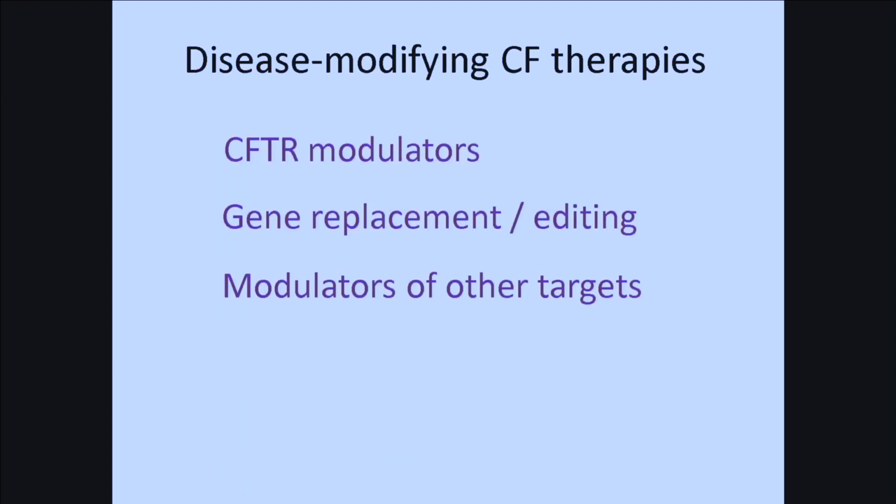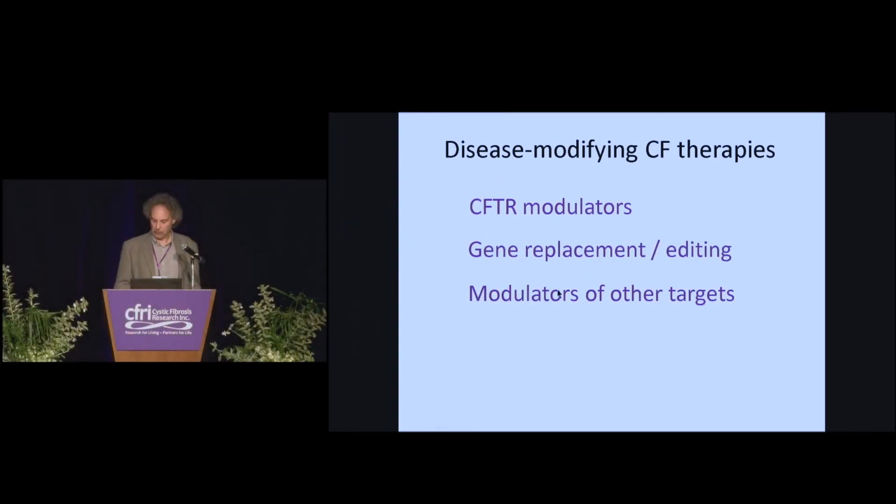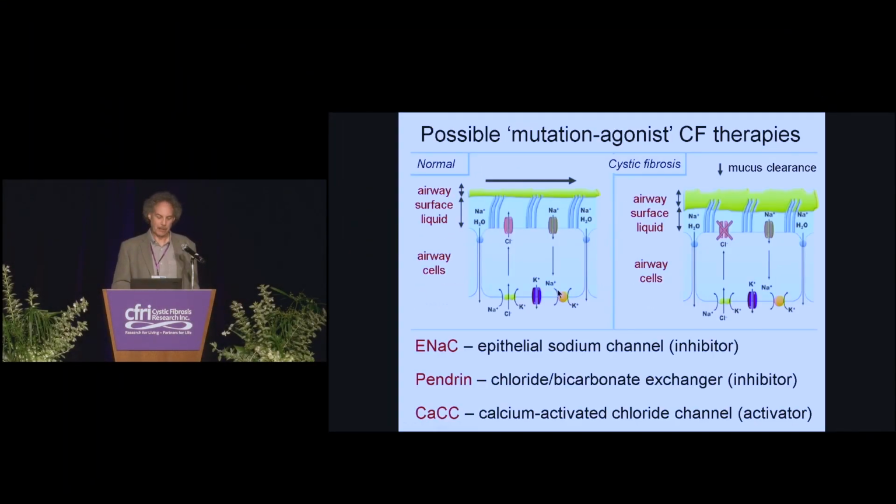So in terms of disease-modifying CF therapies, that is, therapies that fundamentally affect the disease process, besides modulators, there's replacement gene therapy, or modulators of other targets. And the scientific rationale is to try to correct specific defects. In the lung, the airway surface liquid in the normal lung is very thin and non-viscous.